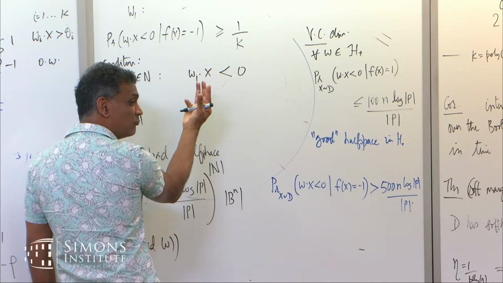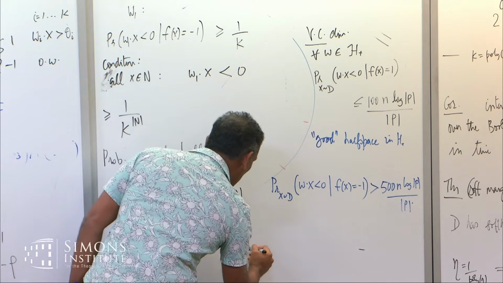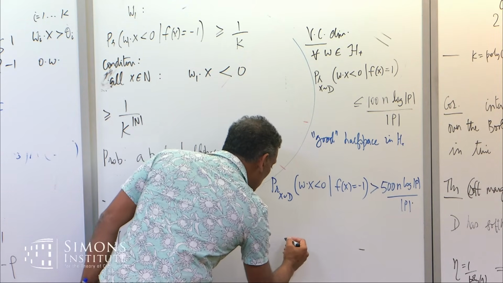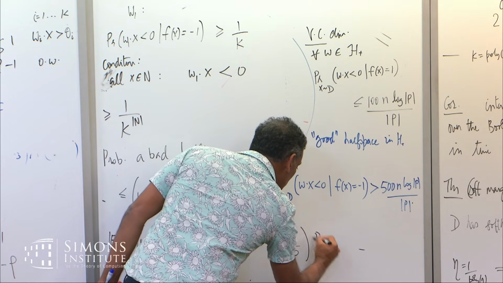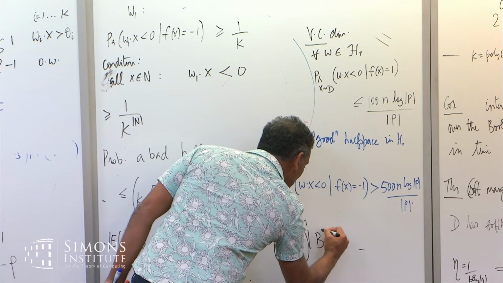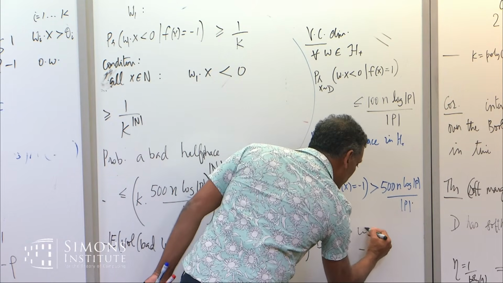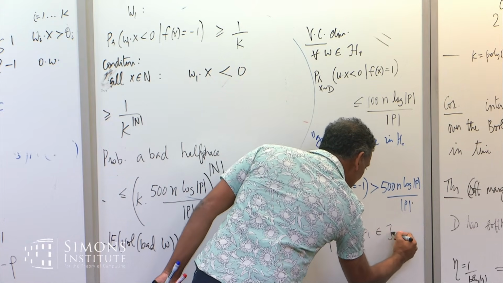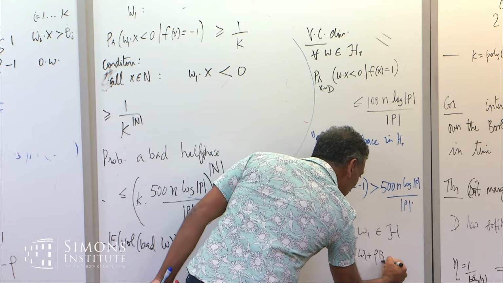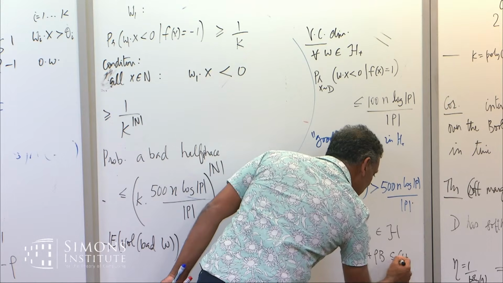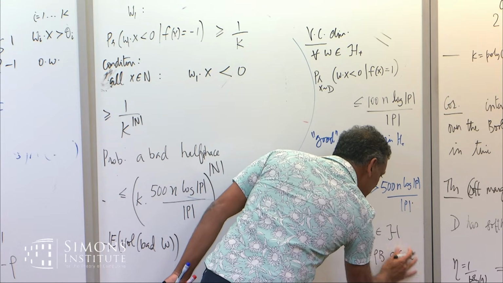So if there's a little ball around it, that's good. So the volume of good half spaces is rho over 1 plus rho to the n times the volume of B. Why? Because W1 belongs to this set of things, but also W1 plus a little ball belongs to a scaled version of this set.